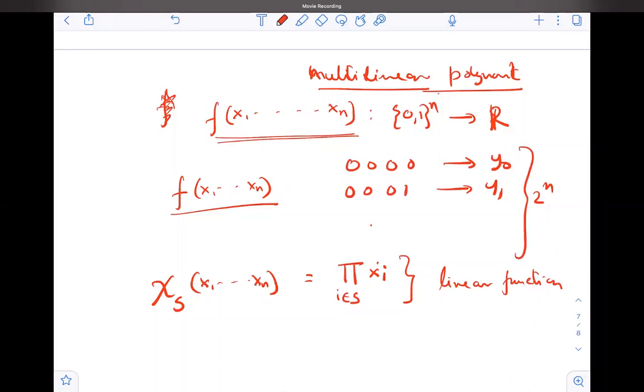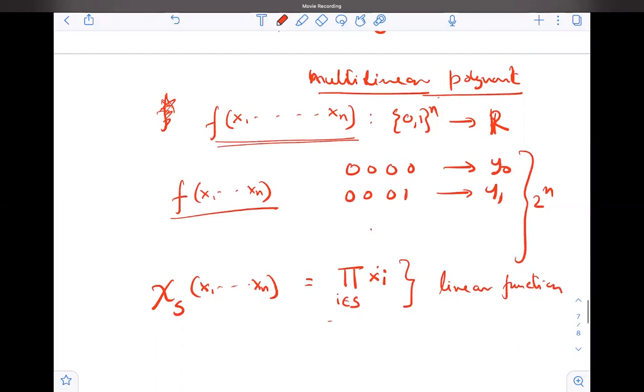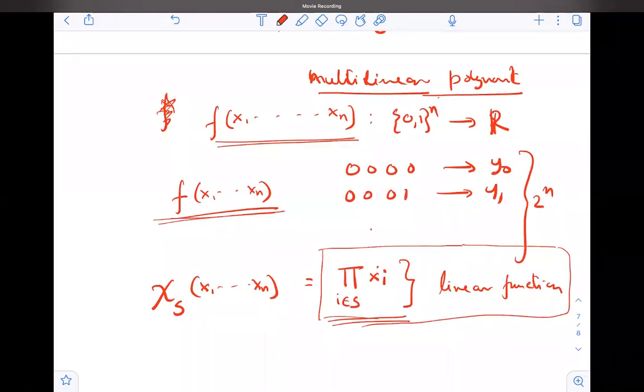So it turns out that for these linear functions, you can define an inner product space of all the functions from 0,1 to the n to 0,1. And you can prove that the set of linear functions forms the orthonormal basis in that space. Which basically means that any function can be written as a combination of linear functions.